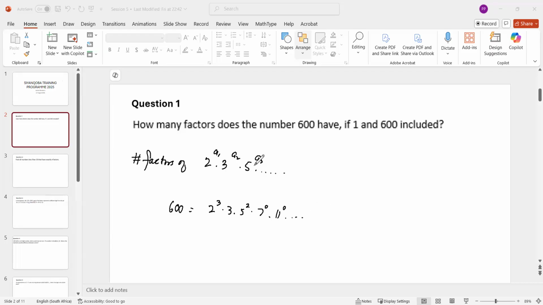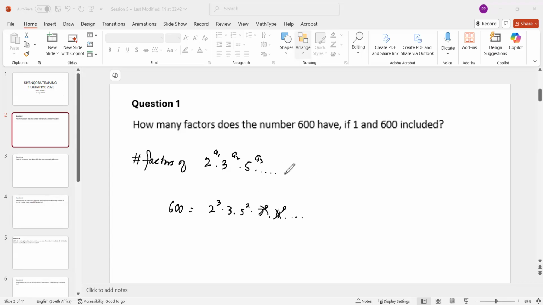So I can write every number as a product of all prime numbers, if you put all the prime numbers as bases and allow 0 at the top, but we don't normally allow the 0. Because when you increase 0 by 1, you get 1, and when you multiply all these things, you're simply multiplying by 1, which doesn't make any difference to the answer. So we leave these factors out.